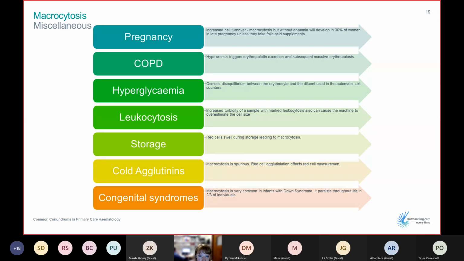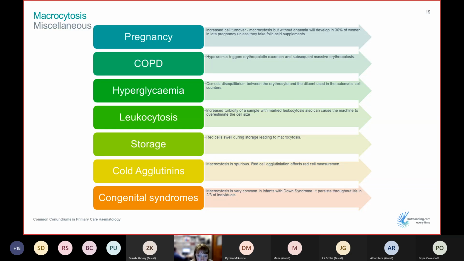Patients with hypoglycemia, there's osmotic disequilibrium between the erythrocyte and the dilutant used in the automatic red cell counter, leading to an artifactual macrocytosis. And again, patients with raised white cell counts, the increased turbidity of the sample in marked leukocytosis can cause the machine to overestimate cell size.